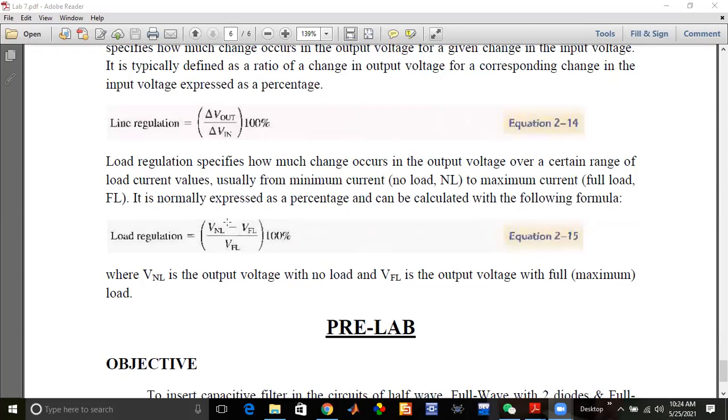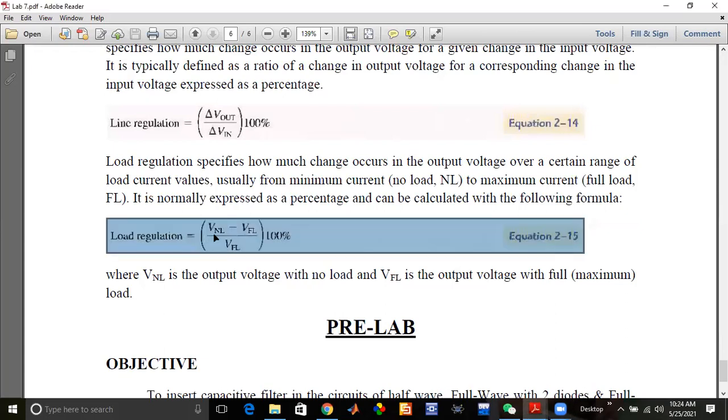But this is a very important formula. You have to memorize this formula, what is meant by line regulation. The variation from no load to full load divided by full load is called voltage regulation. When you multiply this by 100, this is called percentage voltage regulation.